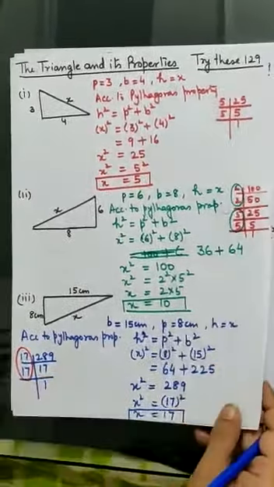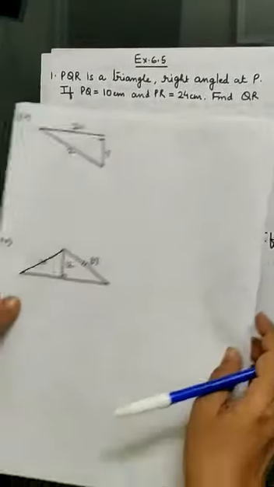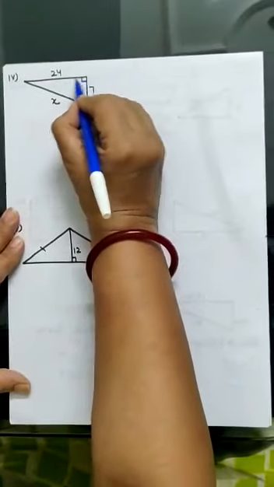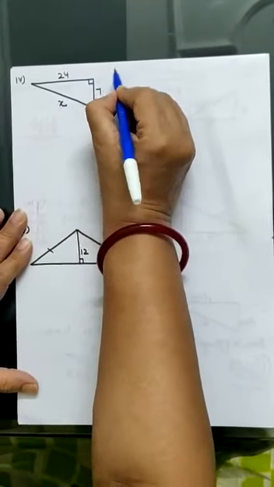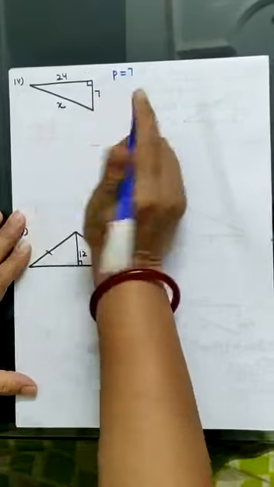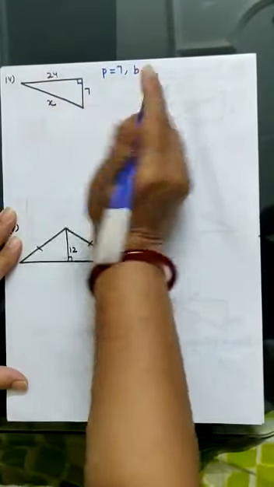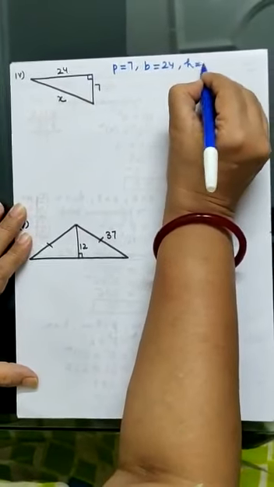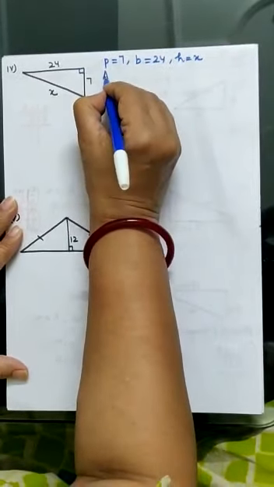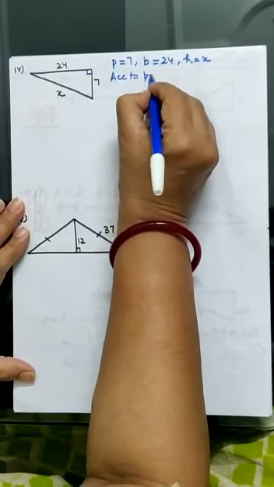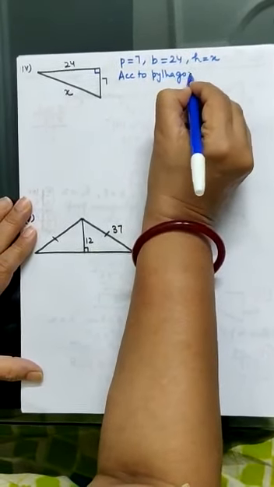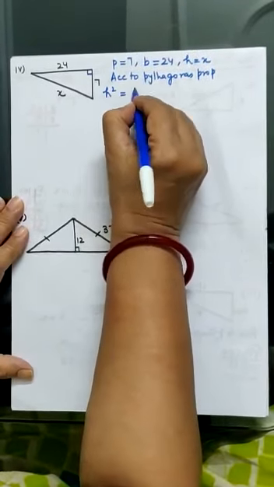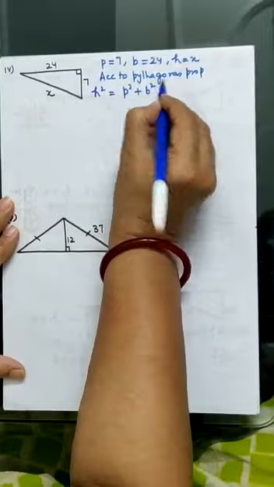Understood? Now we come to the fourth part. Here in this right angle triangle, P is 7, B is 24 and H is X. Now according to Pythagoras property, H square is equal to P square plus B square.